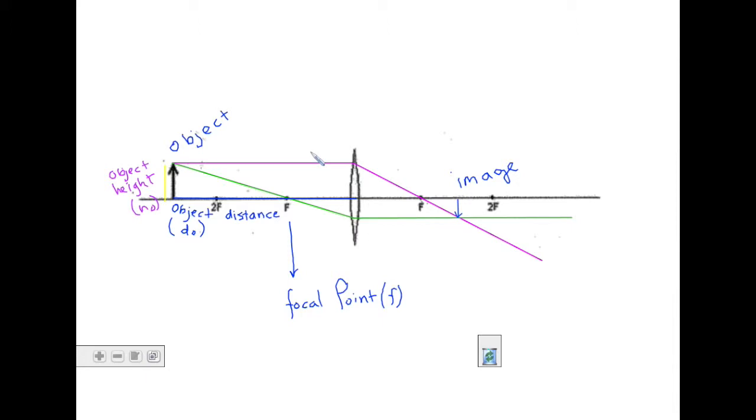Okay, and then you have some other things. You have this right here, the distance from the center of the lens to your image, which is going to be the image distance.